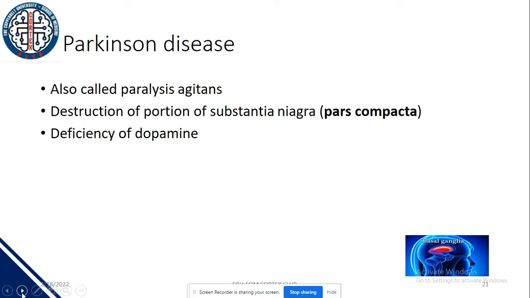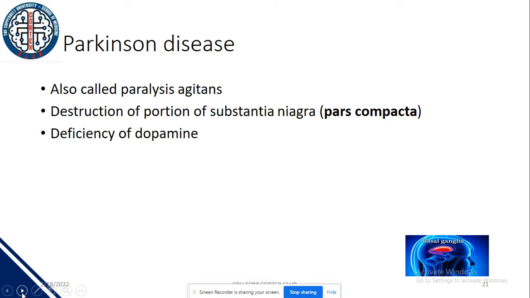So we'll start with Parkinson disease. Parkinson's disease is also called paralysis agitans. There is usually destruction of a portion of the substantia nigra, which is the pars compacta. Remember earlier on, we said we have substantia nigra pars reticulata and substantia nigra pars compacta.